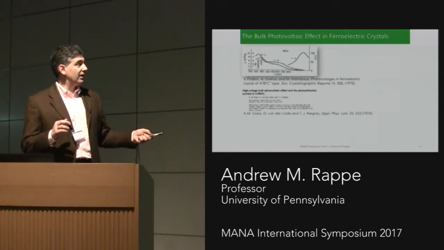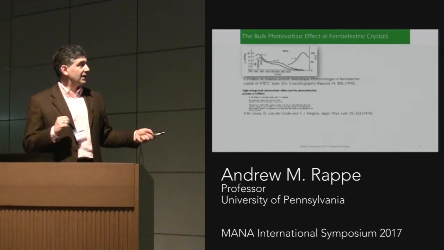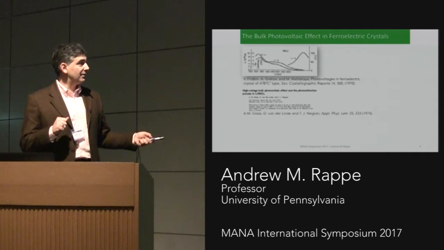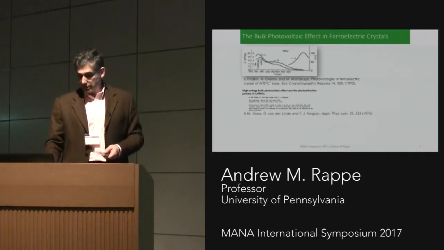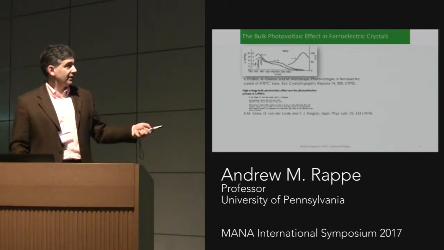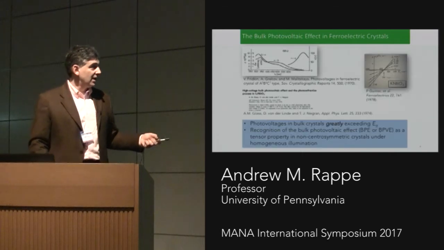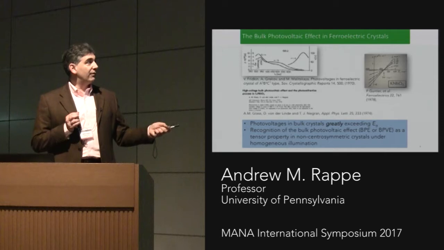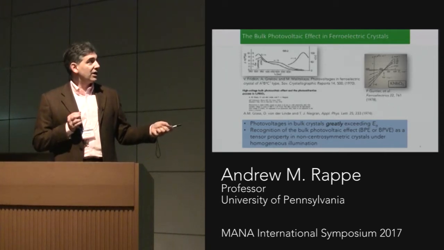This is a very early famous experiment relating to lithium niobate performed by Alastair Glass at Bell Laboratories and his co-workers just a few years after this initial report. So what you can see here is an experiment for varying light intensities. Here you get the current versus an applied voltage.